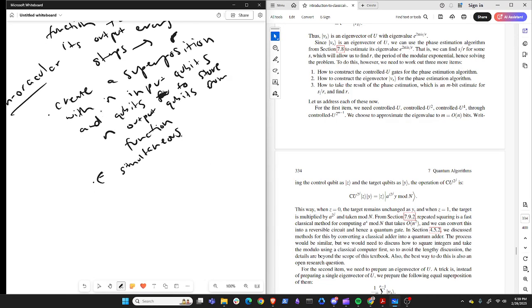The results get stored in the second register, that is our output qubits, stored in the output register. We measure this result register.